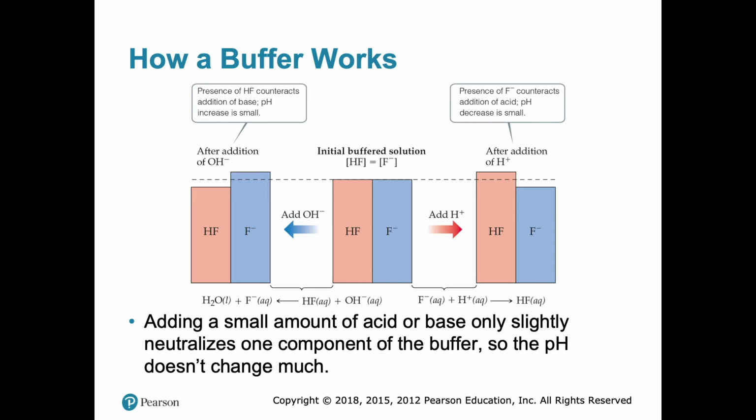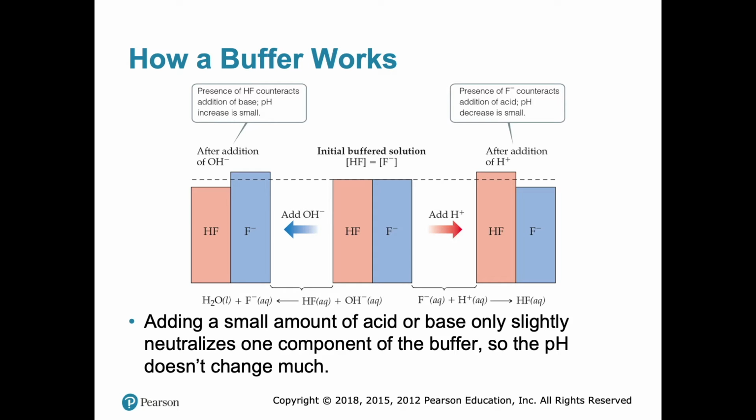But since there's a buffering system in place where we have fluoride ions in almost the same concentration as HF, you can add more protons and the hydrogen fluoride concentration goes up and the fluoride concentration goes down, but it doesn't change the pH because the protons aren't freely floating around. If the protons are freely floating around, that's when your pH would go down or your acidity would go up.